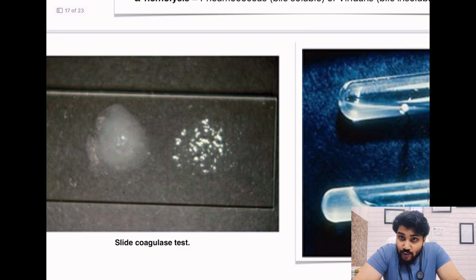If you are using the tube, the whole procedure is quite different. There you take the bacterial suspension, and at the same time you take the plasma suspension. The plasma suspension will be in the form of 1:5, meaning one portion plasma and 4 portions normal saline. Then you take 0.5 ml of the plasma suspension and 0.5 ml of bacterial suspension and put them in the test tube, and leave it for 4 to 5 hours.